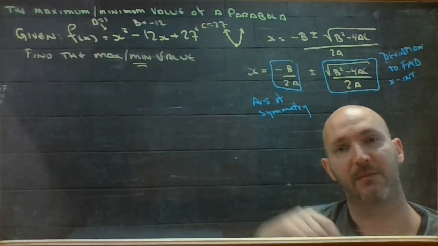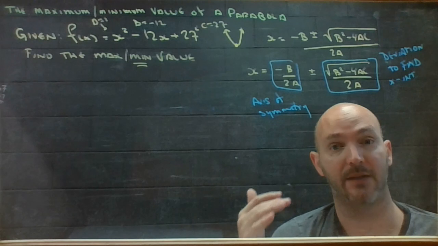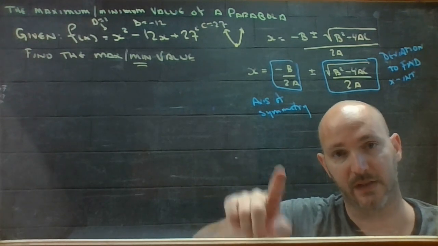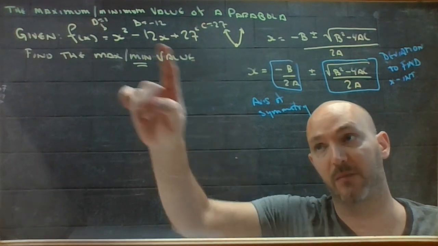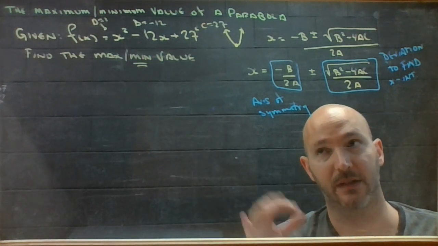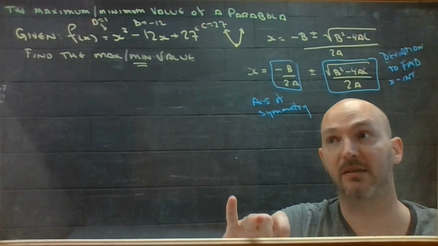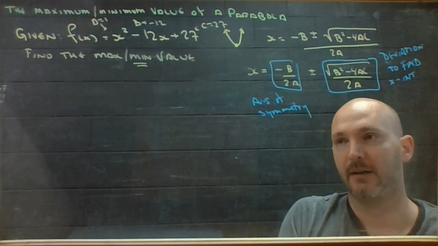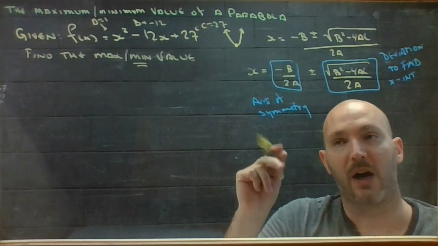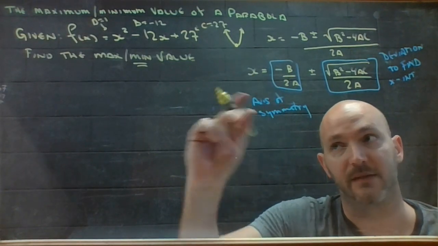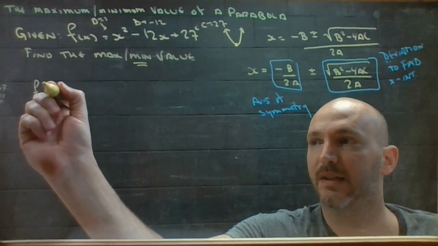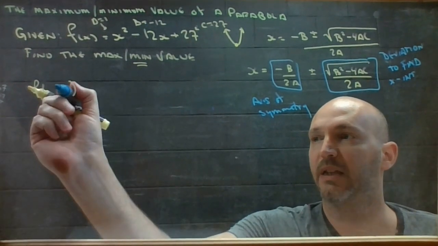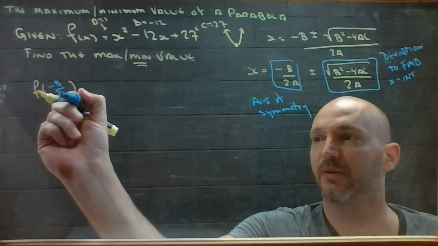And if you're after the max-min, the actual y value, we took the x value, the axis of symmetry, and plunked it back into this equation. And if you remember, it was 6, so I put a 6 here and a 6 here and worked out negative 9. Well, I'm going to do that with this. So this function evaluated at negative b over 2a.